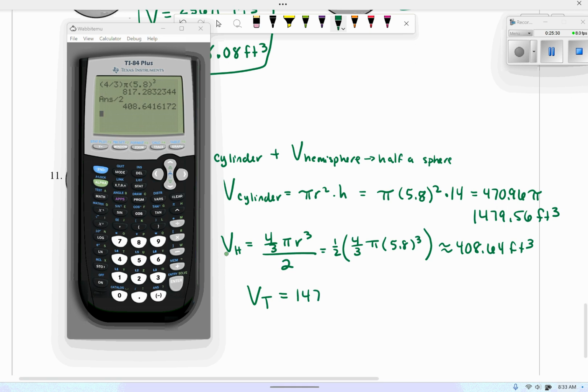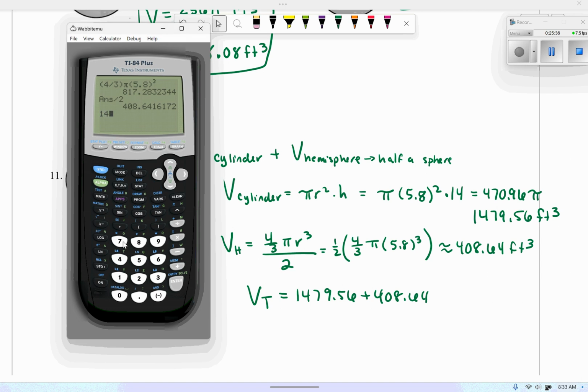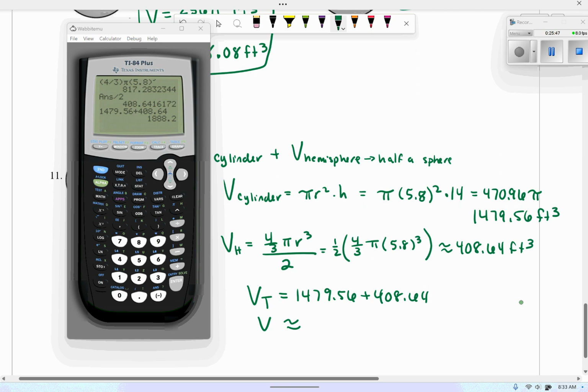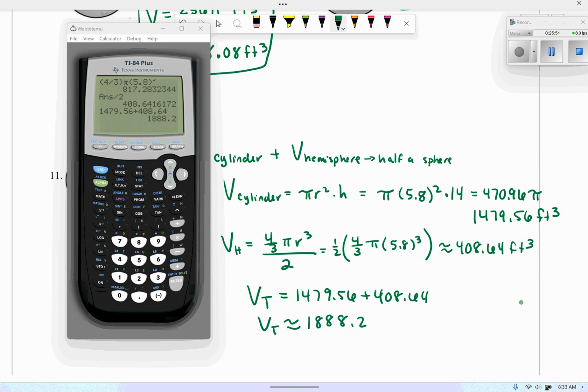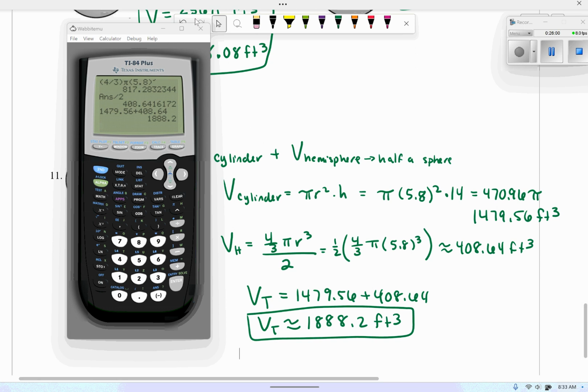So 1479.56 plus 408.64 gives us a volume total of about 1,888.20 cubic feet. And that is it for the volume.